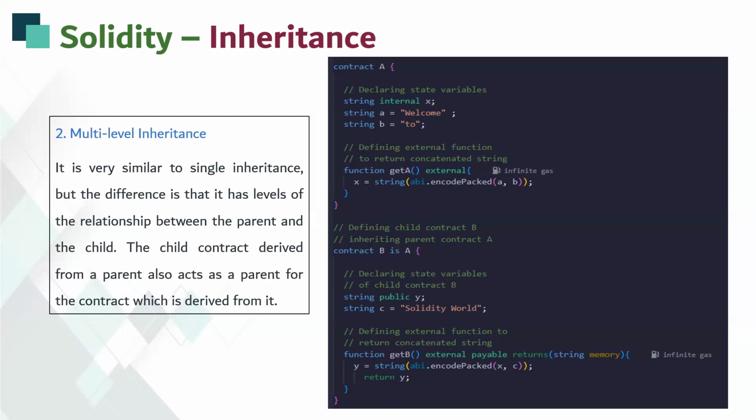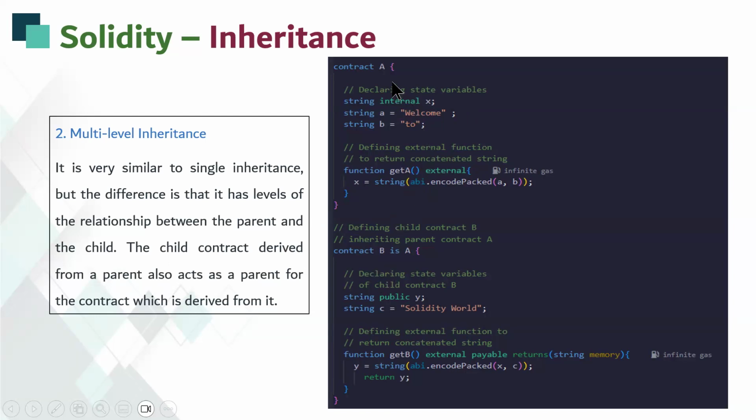So a child inherits from the parent contract, but can also act as a parent for another derived contract.